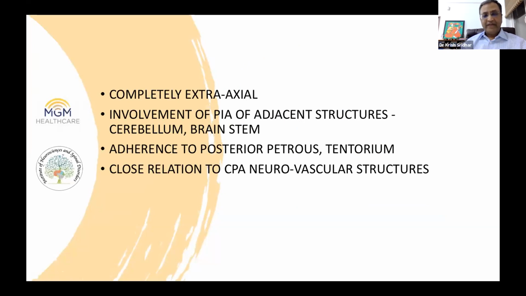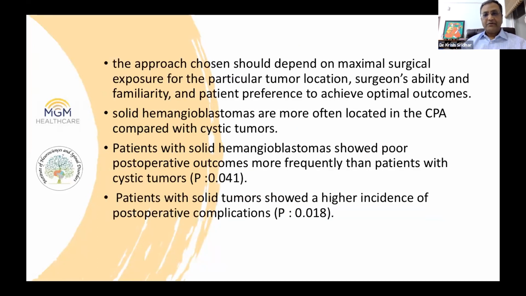Now, it has a very close relation to the neurovascular structures of the CP angle, and therefore, when you operate on these CP angle hemangioblastomas, meticulous microdissection of these neurovascular structures is very, very important. The approach, therefore, has to depend on the maximal surgical exposure for the tumor location, and of course, the surgeon's ability and familiarity.